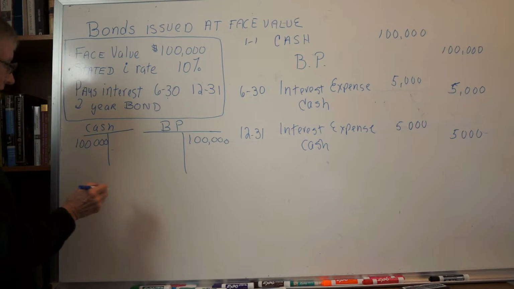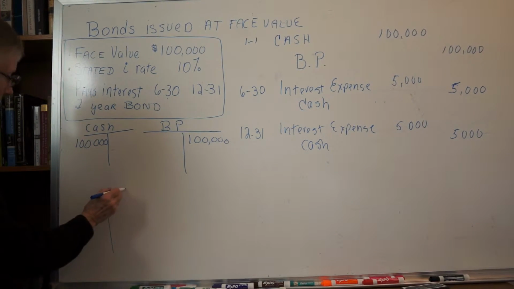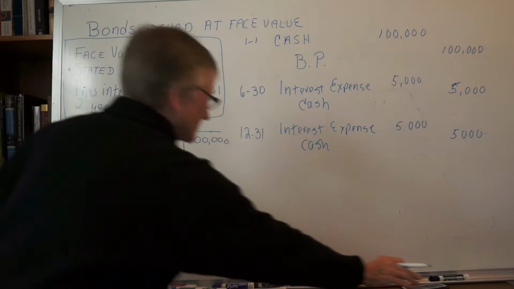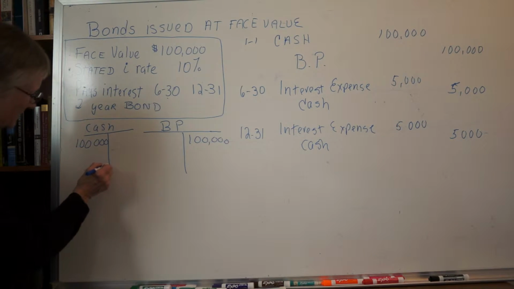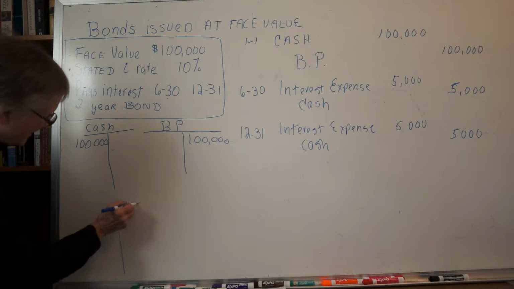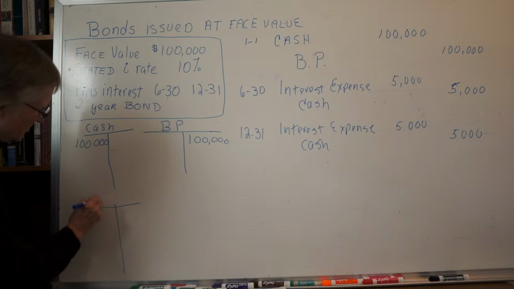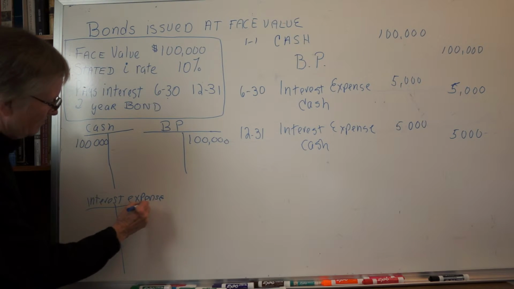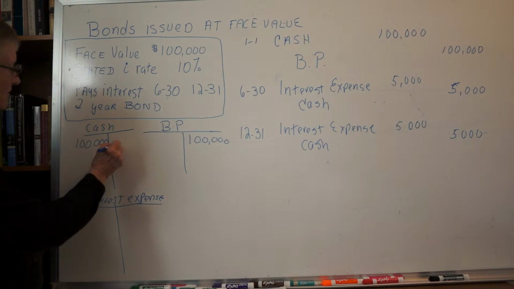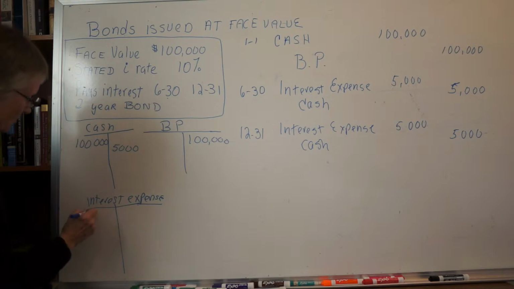Okay, then, wait a minute. I'm starting to plan ahead a little bit better here. Okay, so then we're going to have to record our interest expense. Okay, so we paid out $5,000 cash on 6/30, and there's our interest expense.